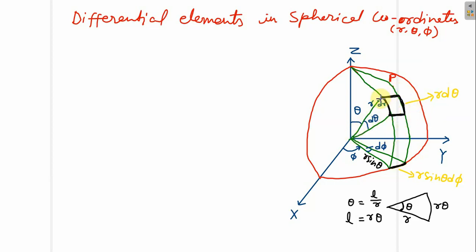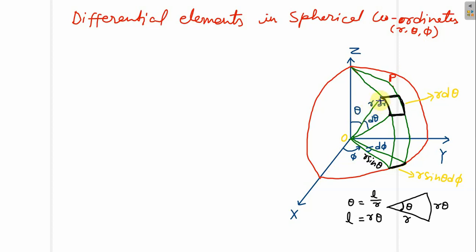See, let us consider a point. I have extended this from the origin, let's say the r vector making angle theta with the z axis, and the projection of r making phi with the x axis. So this is the basic representation.